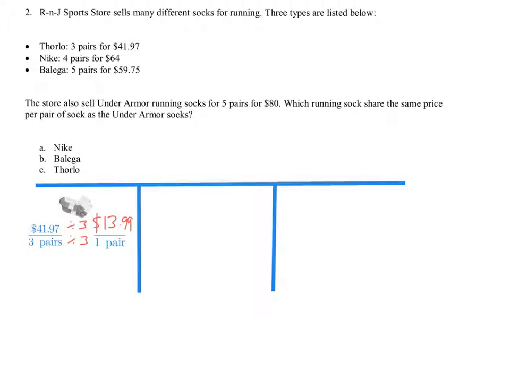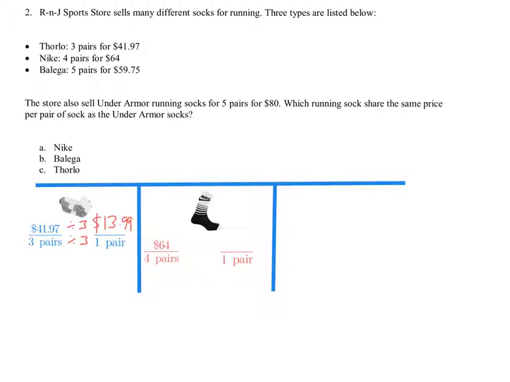Now we're going to do the same thing with the Nike socks. And for Nike, we're going to set up the original ratio that goes with the $64 for 4 pairs. And now we'll set up the unit ratio to find out how much it's going to cost for 1 pair. And I can see that if I divide the bottom by 4, that will take me from 4 to 1.